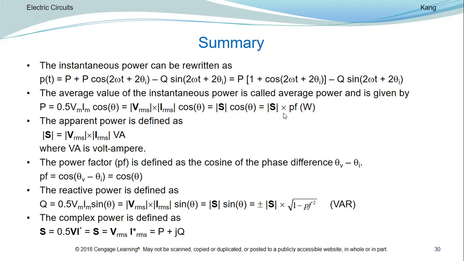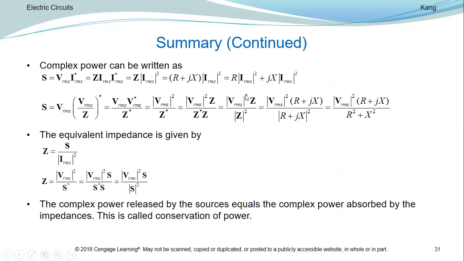Now the complex power, as we know, S equals VRMS into the conjugate of IRMS. This conjugate is written as star.